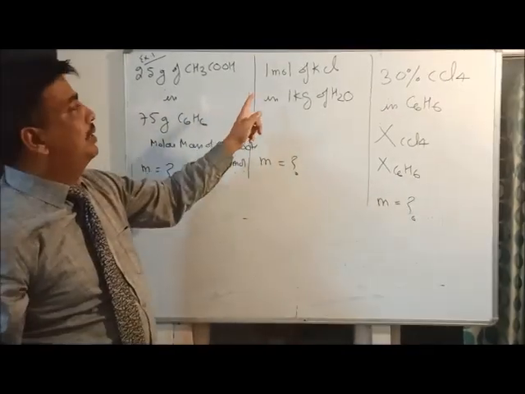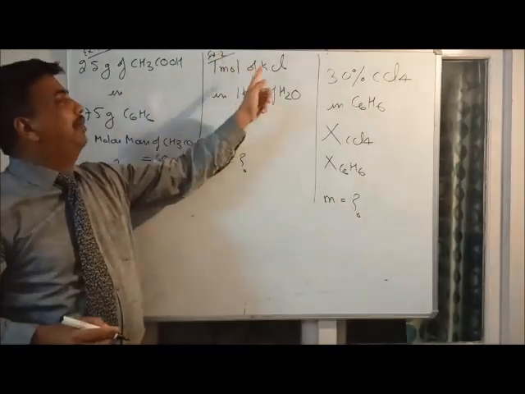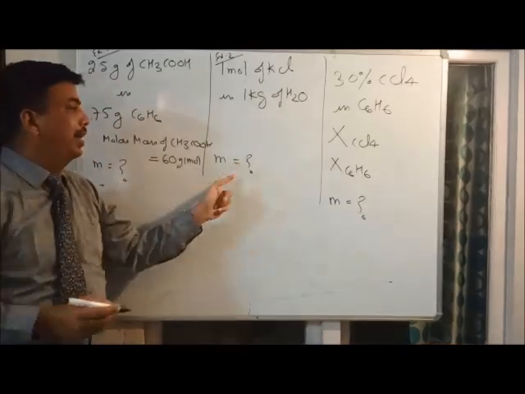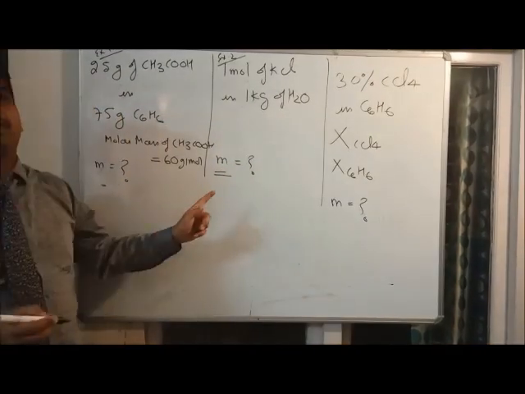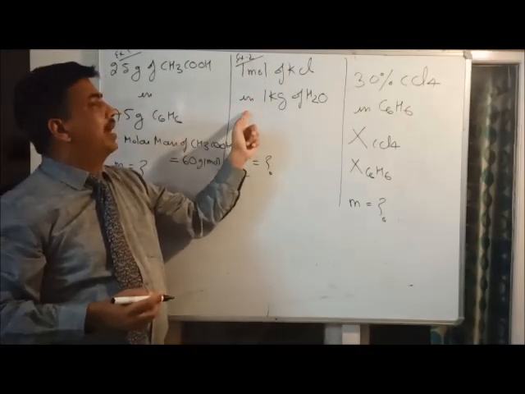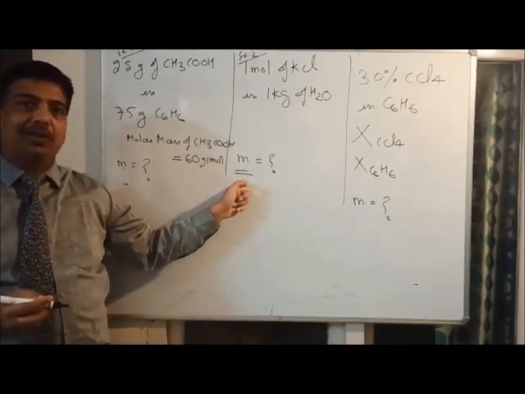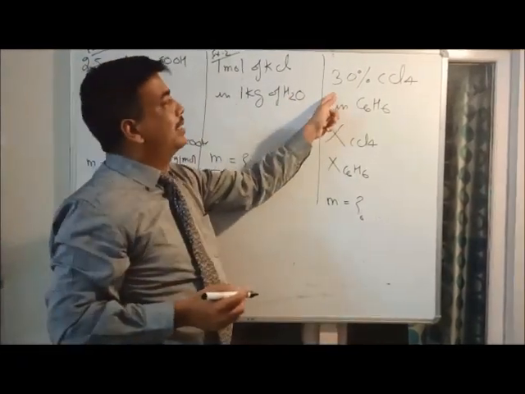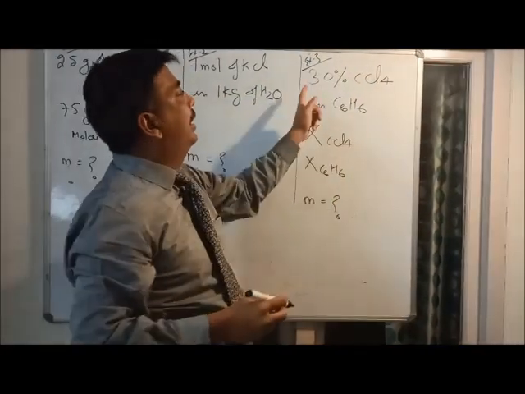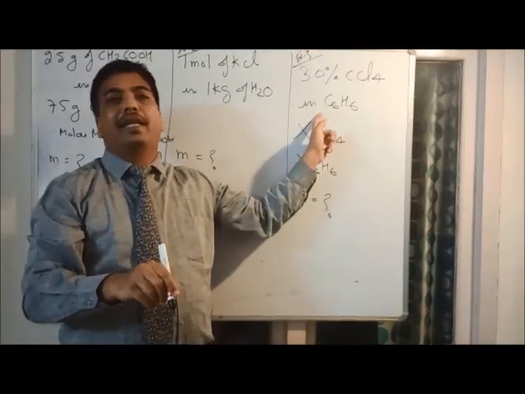In the next case, in example 2, 1 mole of KCl is present in 1 kg of water. And here you have to find the molality of the solution. In the third case, in example 3, a 30% CCl4 solution is in benzene.